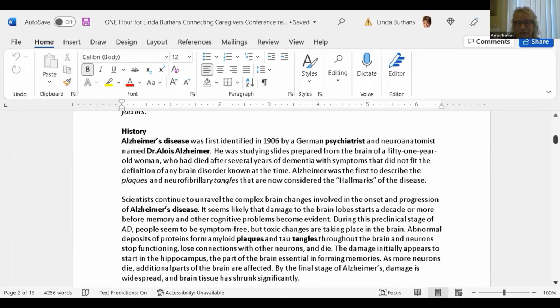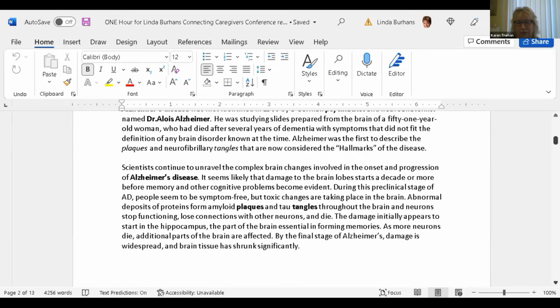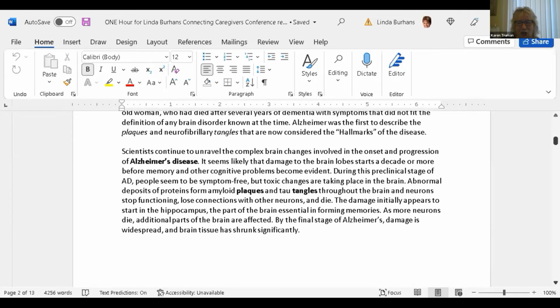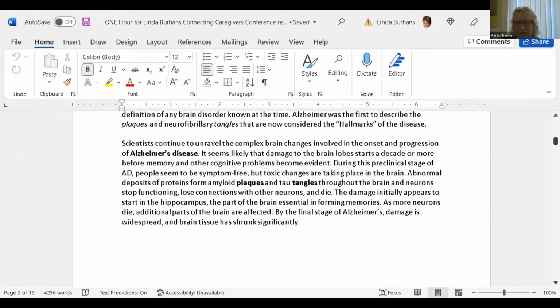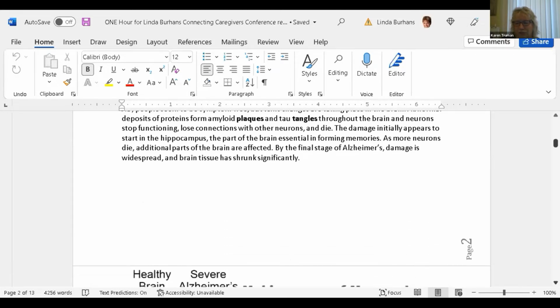And then those neurons die. But that's what's considered the hallmarks of this disease process, the plaques and tangles. So if you hear that term, that's what destroys the brain. It's very complex, and we don't want that damage, but once it starts taking hold of the brain, then sometimes it just goes very quickly.